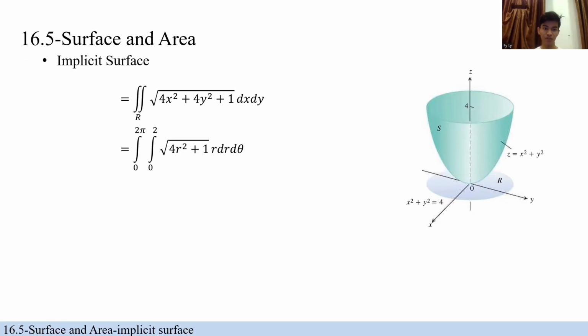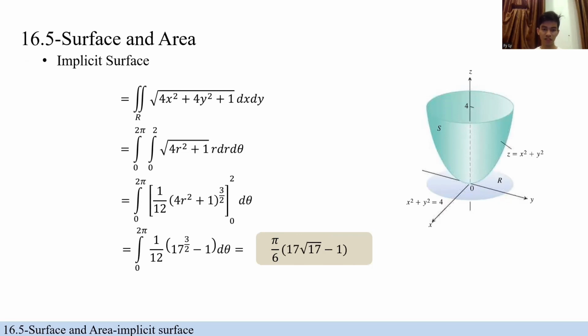We can substitute r squared right here, and for the domains we found 0 to 2π and 0 to 2. So the double integral from 0 to 2π and 0 to 2 of the square root of 4r squared plus 1 times r dr dθ. The result is equal to π over 6 times (17 square root of 17 minus 1).